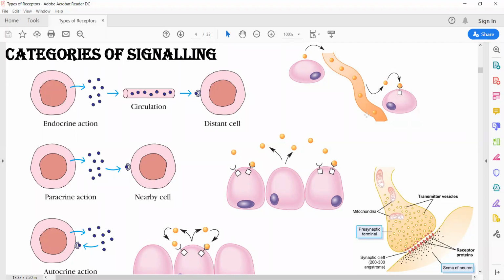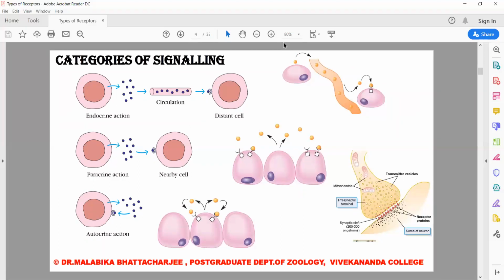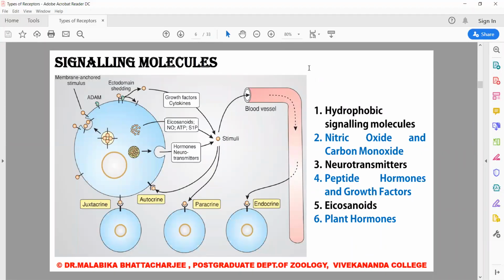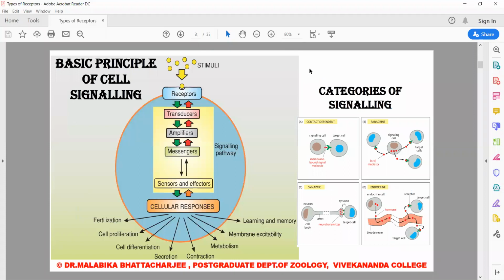Since we have studied hormones in your 11 and 12, I'm not going into details of the hormonal pathway. There is a fourth category of signaling, the juxtacrine signaling. Now let me show you the picture of the juxtacrine signaling from here.